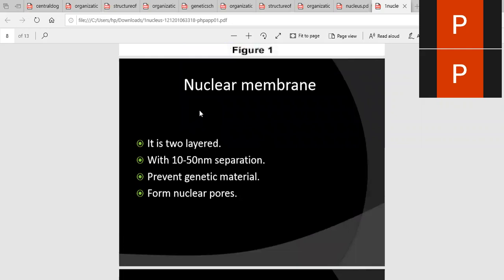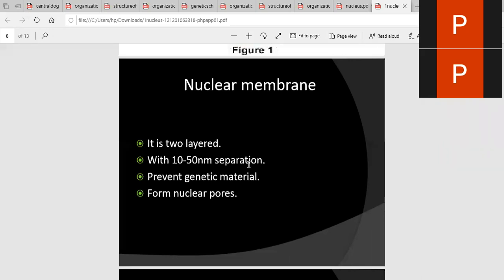The nucleus membrane is a two-layer compound, separated with a distance of 10 to 15 nanometers. It prevents the genetic material from flowing from the nucleus out to the cytoplasm. This is the main role of the nucleus membrane.